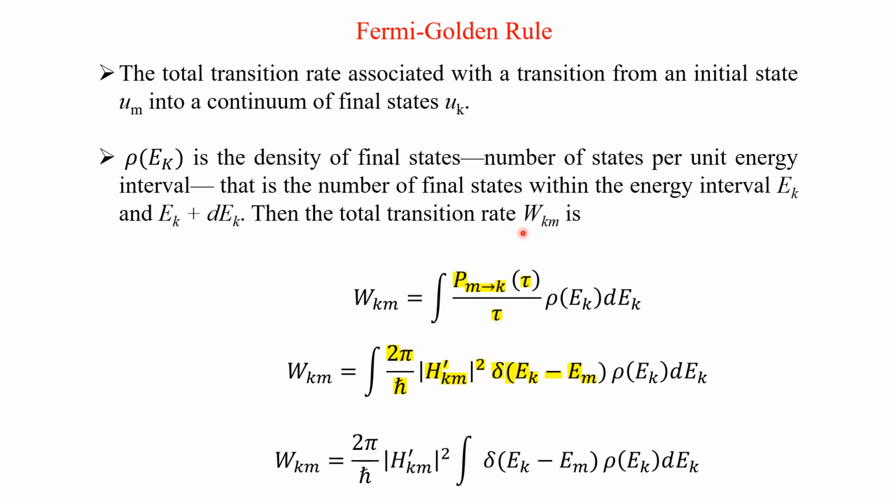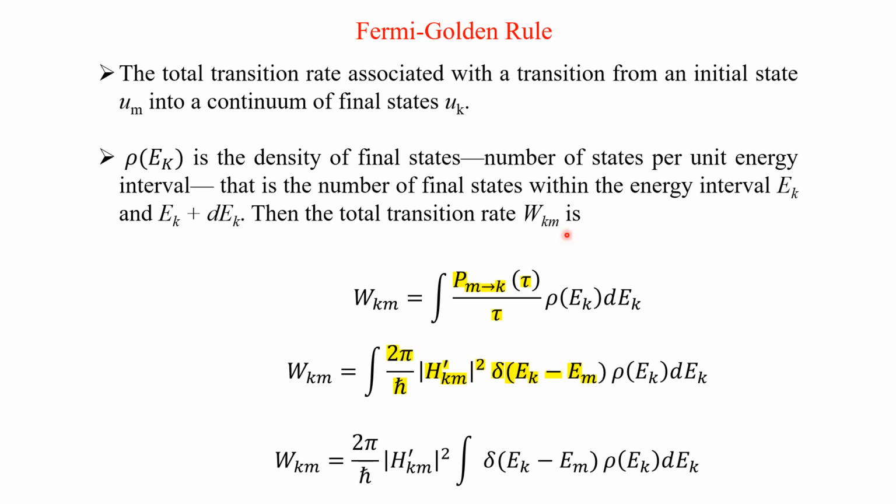Then the total transition rate, which is equal to W km, is obtained by integrating P divided by tau times rho Ek. Our aim is to find the density of states between the initial energy state and the final energy.